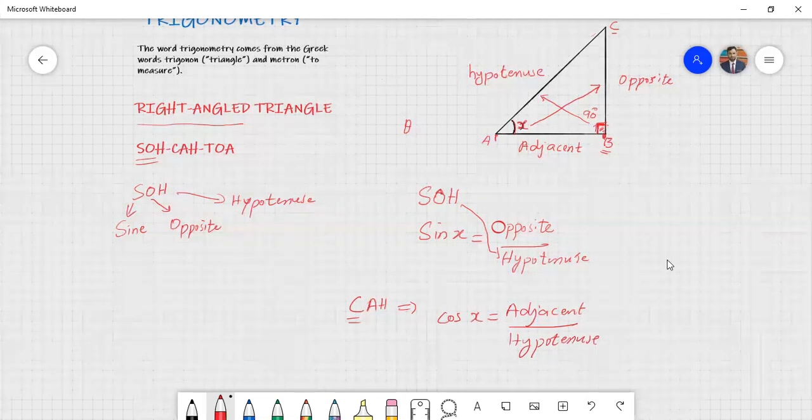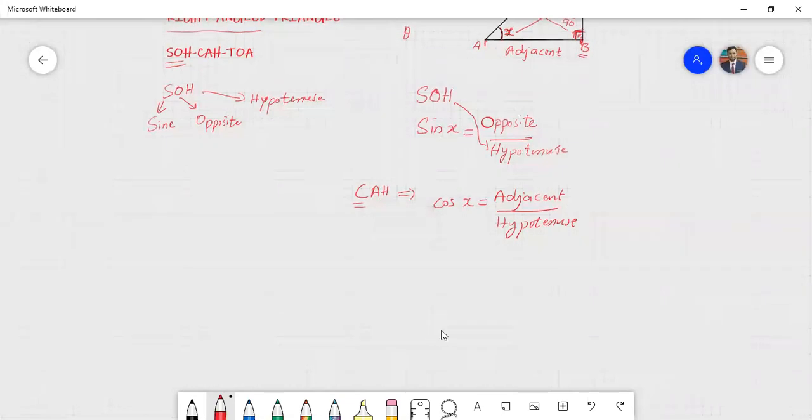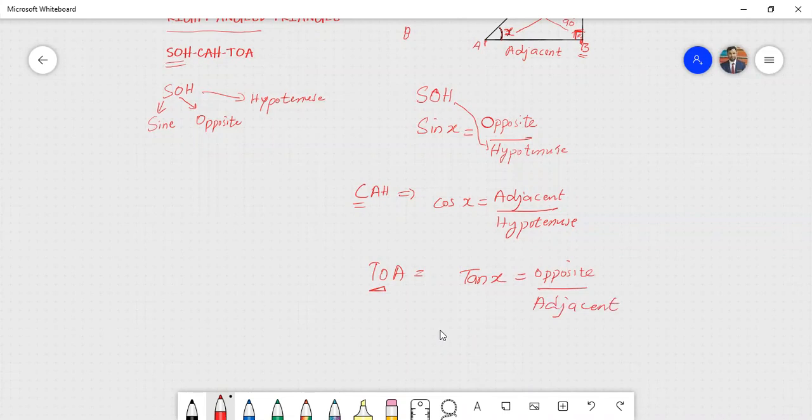Next is TOA. T represents tangent: tan of x is equal to opposite over adjacent. By this way, we can find the angles and the sides.